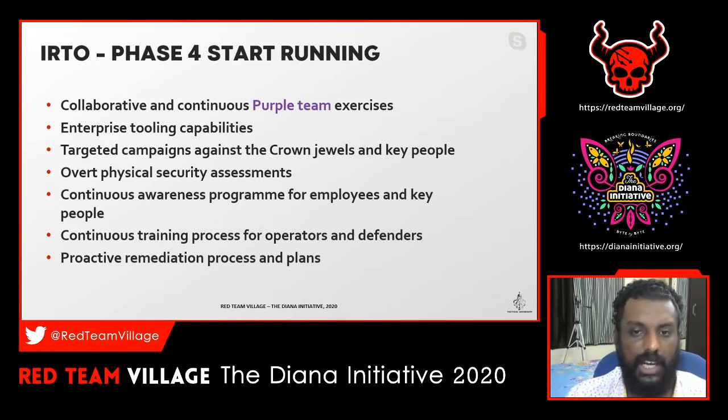So you can check that, and you can also use the enterprise tooling capabilities to extend your operations on a wide scale, and run targeted campaigns against the crown jewels and key people. In the previous phases, we did some pretty simple campaigns against the users, just to see their response. Are they falling for these very simple phishing campaigns, or are they reporting it as spam, or reporting it to the defense team?